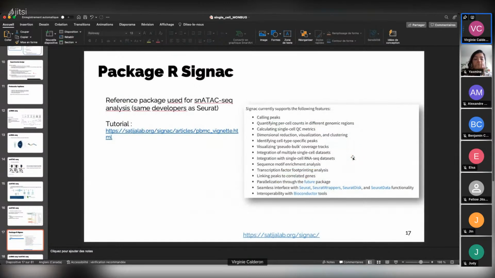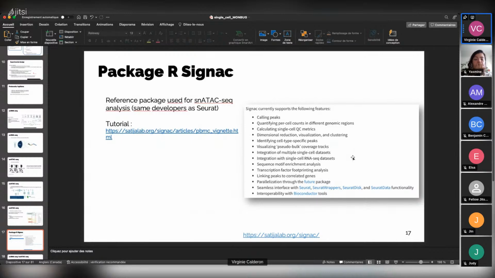To perform single nuclei ATAC-seq, there is an R package that is the gold standard called Signac. It was developed by the same team as for the single-cell RNA-seq, so it's from the same developer as Seurat.